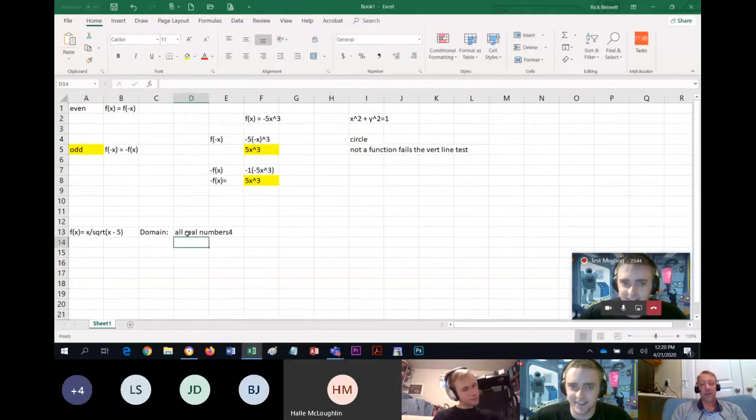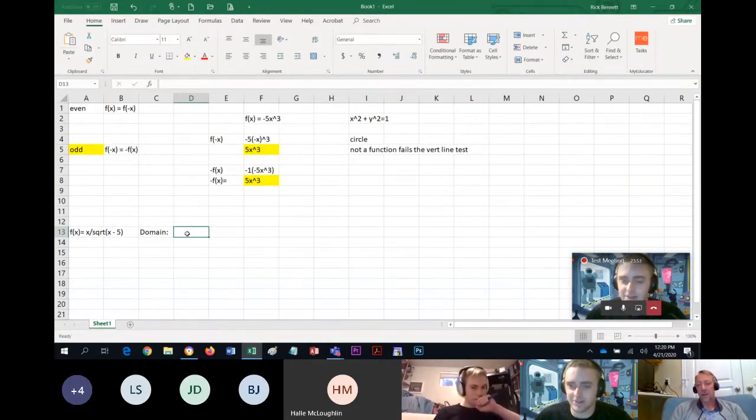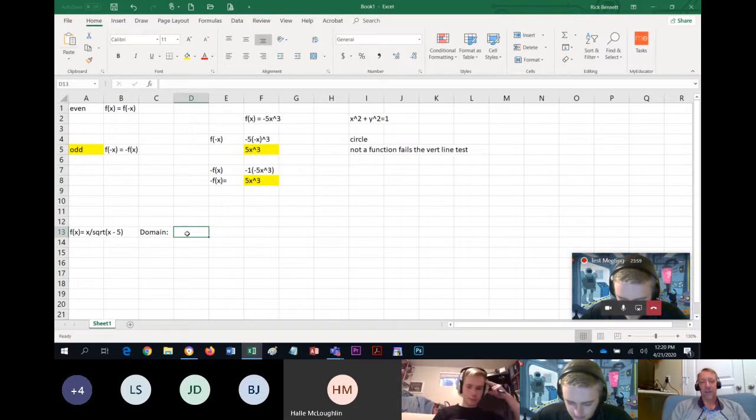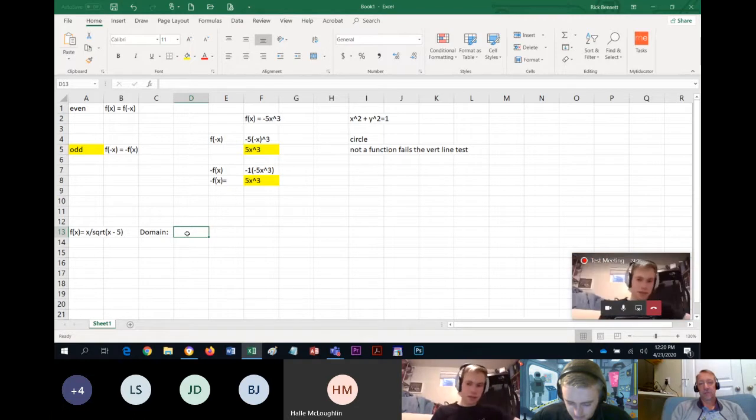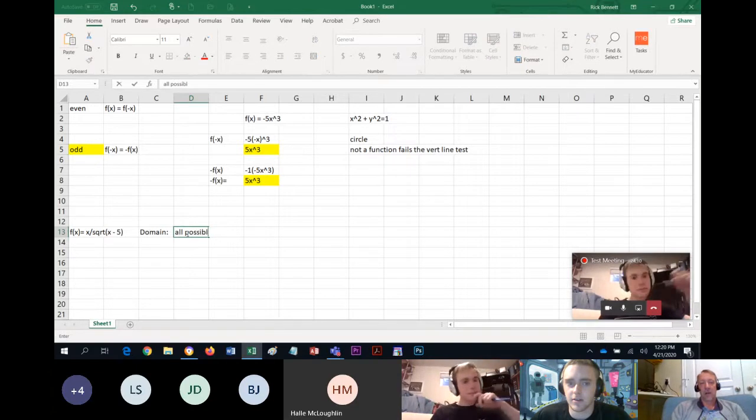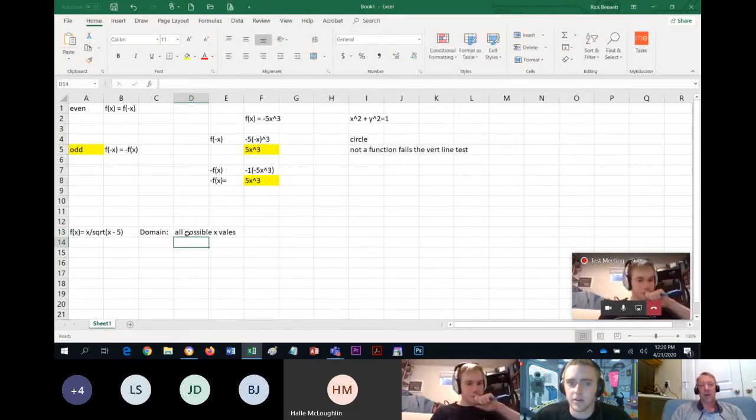That is incorrect. So let's go with what is the definition of the domain? A value you can plug into the function, I guess. Yeah, all possible x values. What are all the possible x values I can plug into here?